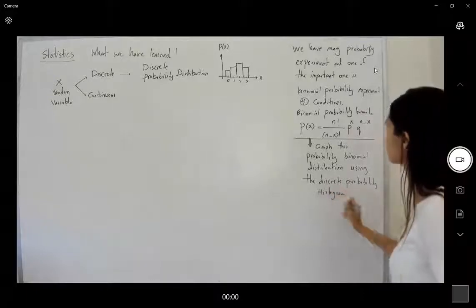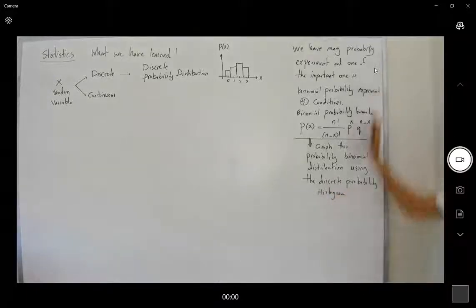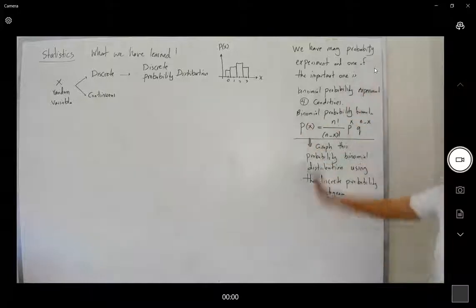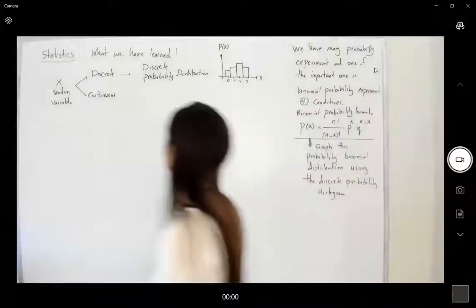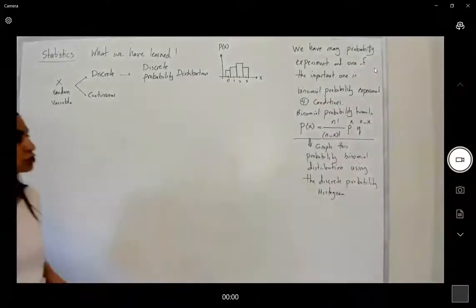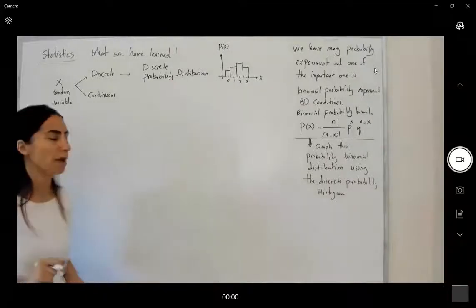So in chapter 4, our main focus was on discrete random variable, discrete probability distribution, and its histogram.